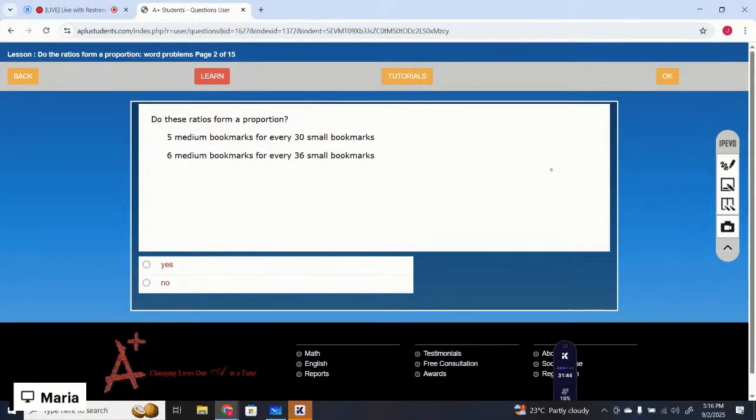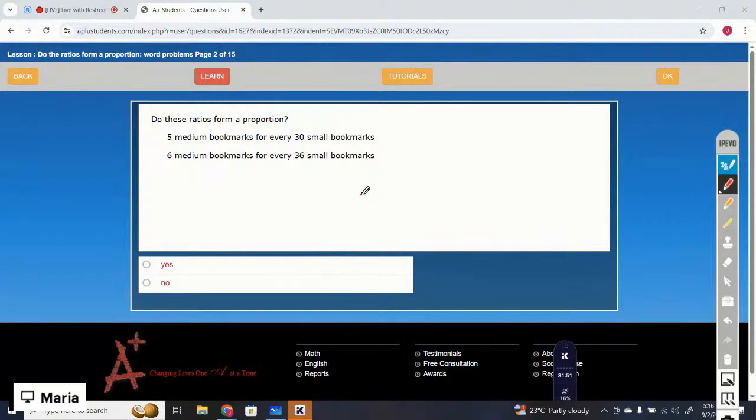Do these ratios form a proportion? 5 medium bookmarks for 30 small bookmarks and 6 bookmarks to 30. 5 times 36, 5 times 6, 180, 180.